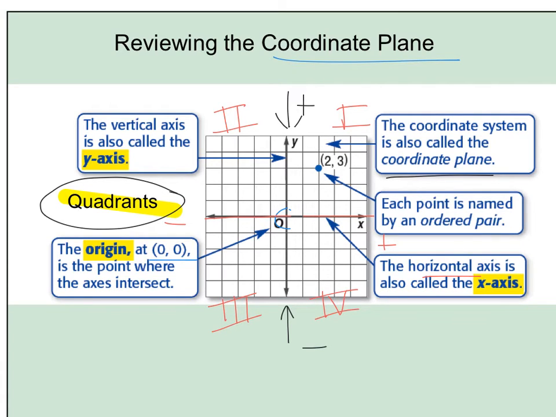Quadrants go in order counterclockwise. And then again, we just relearned about ordered pairs. So each point on the coordinate plane is named by an ordered pair with values of x and y. You don't have a template for that, so make sure you write this in your notes. That was fairly quick, so make sure that you go back if you need to and draw it in, pause, maybe go back and rewind if you need to, or pause here and record the important information.